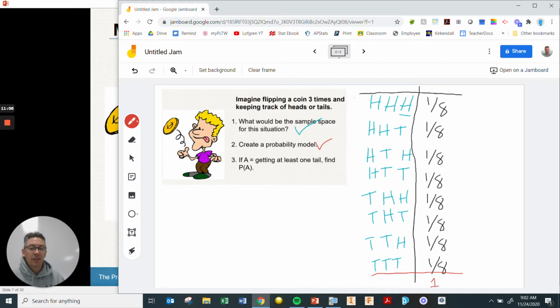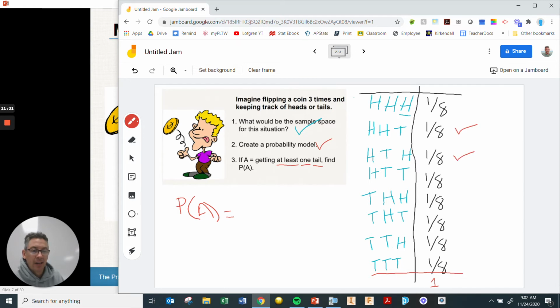Now the third question says, if we talk about event A, meaning you get at least one tail, we want to find the probability of A. Here's one way to do this. Go through and look at all your different outcomes and say where are the outcomes that have at least one tail. If I see a T anywhere, I'm counting that. So here's one that has at least one tail.